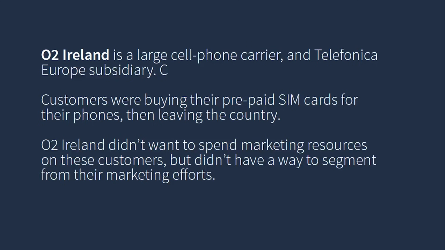Usually these were business people going on a short business trip. O2 Ireland didn't want to spend valuable marketing resources on these customers because they presented no opportunity for repeat business. It was a one-time transaction. But the company didn't have the ability to identify or predict who these customers were, what their habits were, or what the identifying markers were, so that they could avoid targeting them in their marketing efforts.